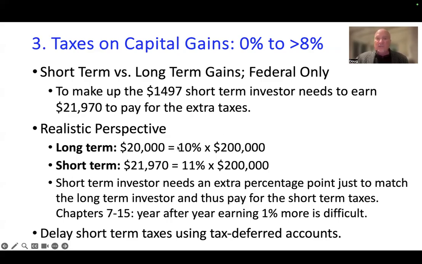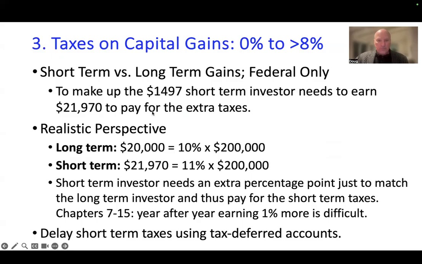And you'll learn in the investing section that over the long term, the US markets, when reinvesting dividends, have actually made 10.5% over decades and decades of averaging. But let's say you're a short-term investor, less than 12 months. How much investment gain do you have to have in order to make up the $1,500?